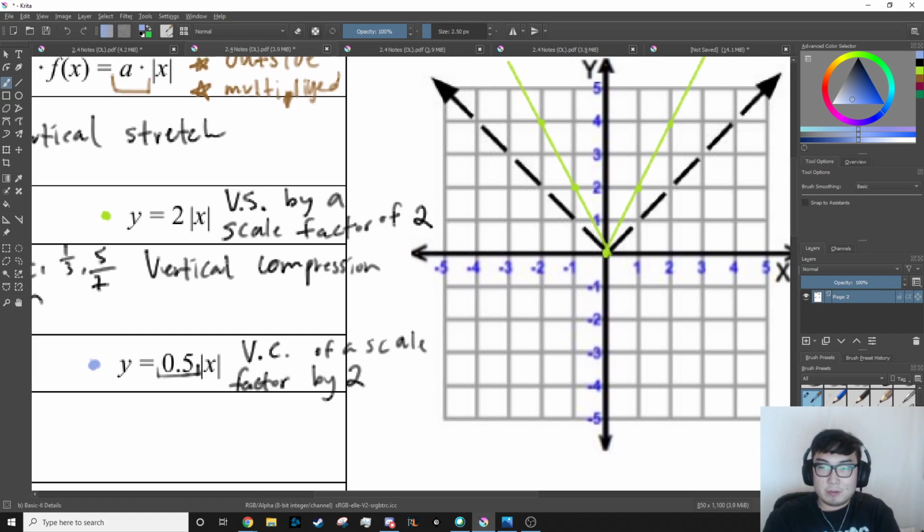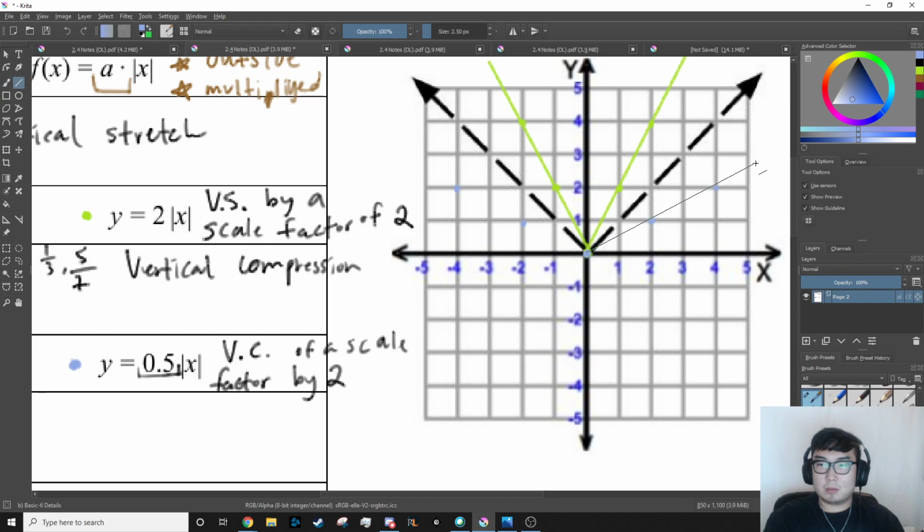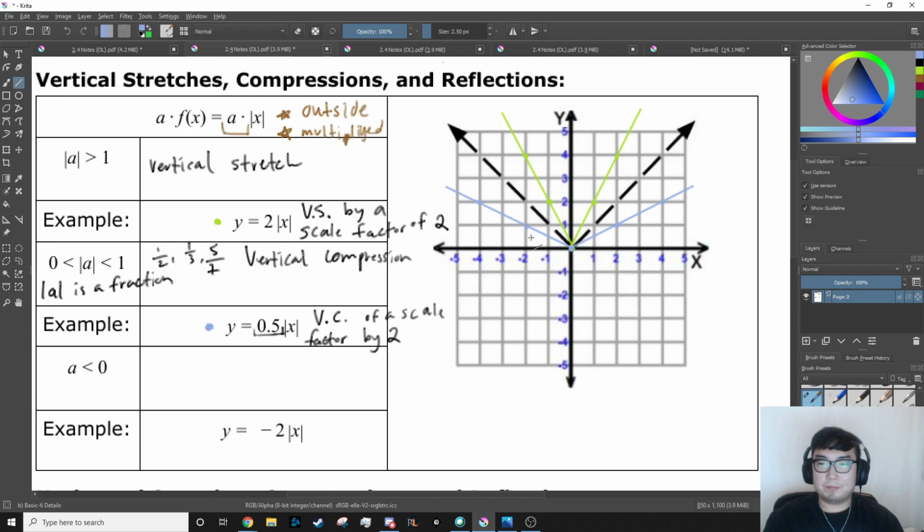So once again, we start from the origin because we had no translations. So we go up 1 to the right 2. Up 1 to the right 2. Well, to the left 2 for the negative side. There we go.